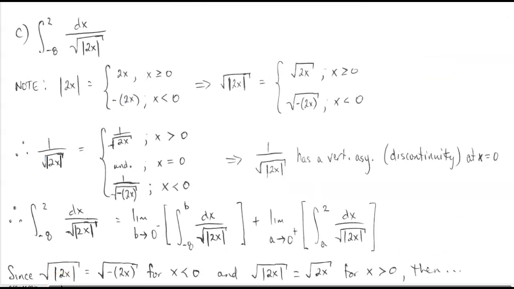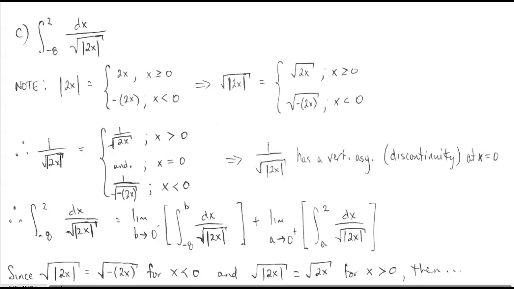Okay, so for our final example, we're asked to evaluate the definite integral of 1 divided by square root of absolute value of 2x, evaluated from x equals -8 to x equals 2.